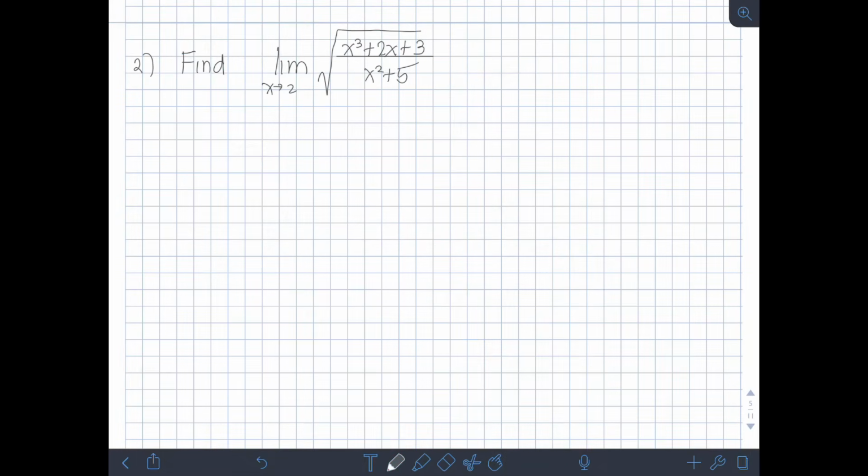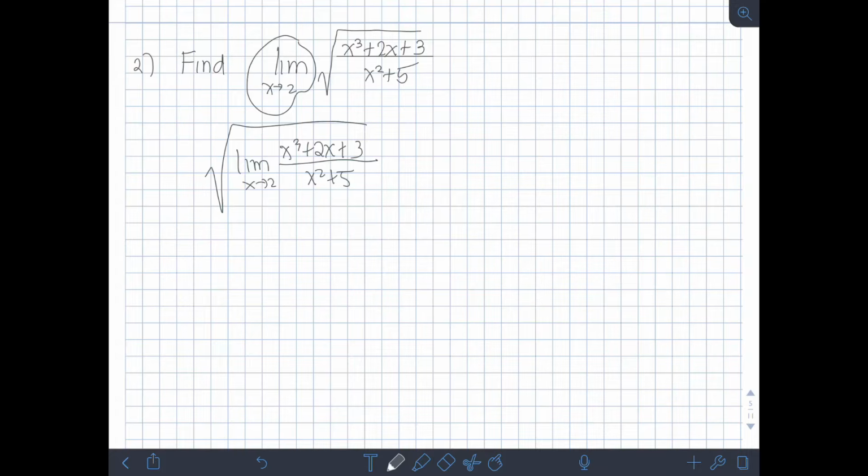Next, we have limit of square root of x cubed plus 2x plus 3 over x squared plus 5 as x approaches 2. Okay, so apply natin yung different theorem of limits. So, applying limit theorem number 10. So, pwede natin ipasok itong limit sa loob. So, parang square root of limit of x cubed plus 2x plus 3 over x squared plus 5 as x approaches 2.